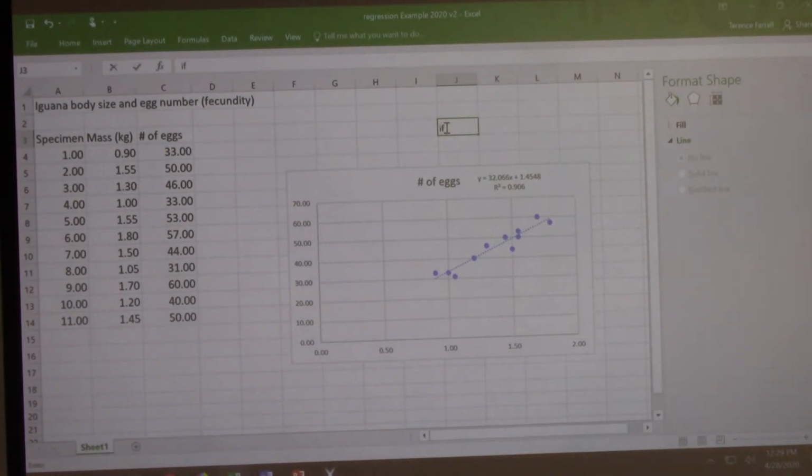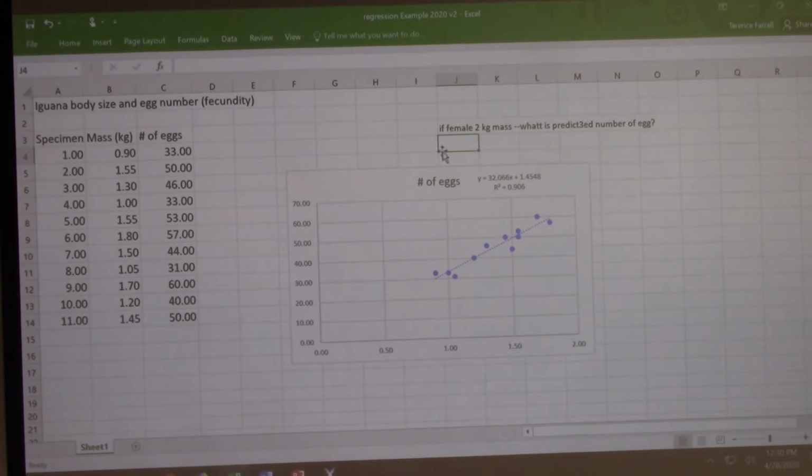So if you had a female with a 2 kilogram mass, right, mass is body weight, what is the predicted number of eggs? In order to get at that question, what you're going to do is take that equation right in there and operationalize it.